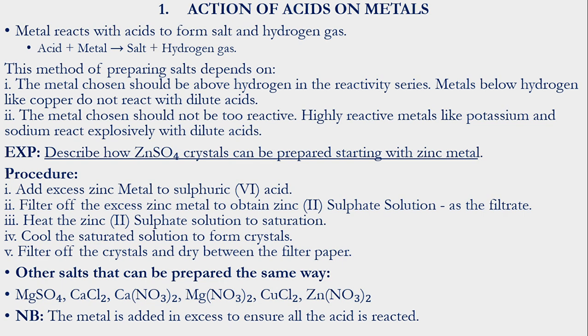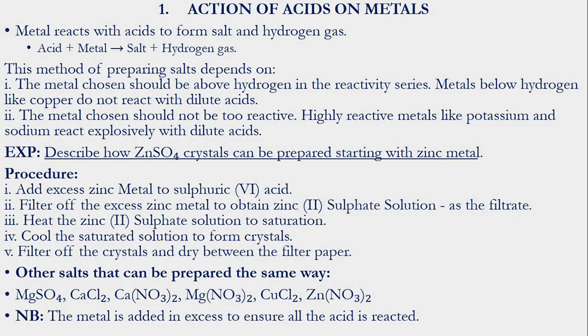So we need to ask ourselves, what are the factors we need to look into when we are reacting an acid and a metal with the intention of getting a salt? The first factor is that the metal we choose should be above hydrogen in the reactivity series.